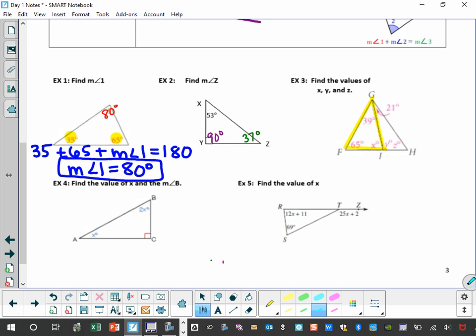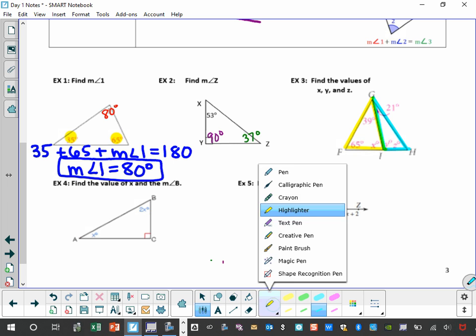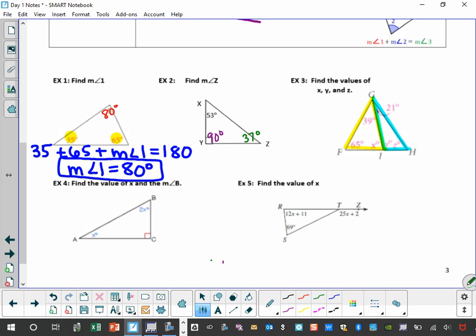The blue triangle is asking me for y and z, so I clearly cannot start there because I have two angles to find. The yellow triangle is much easier, except to find the x. So let's find the yellow triangle first. What will x equal?